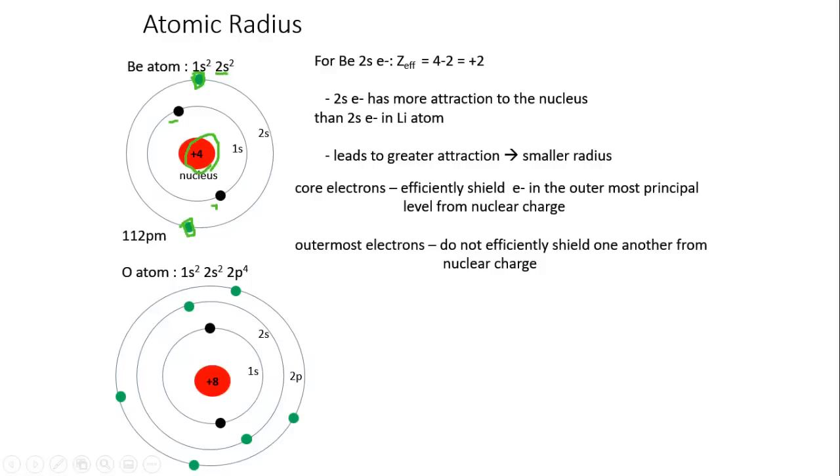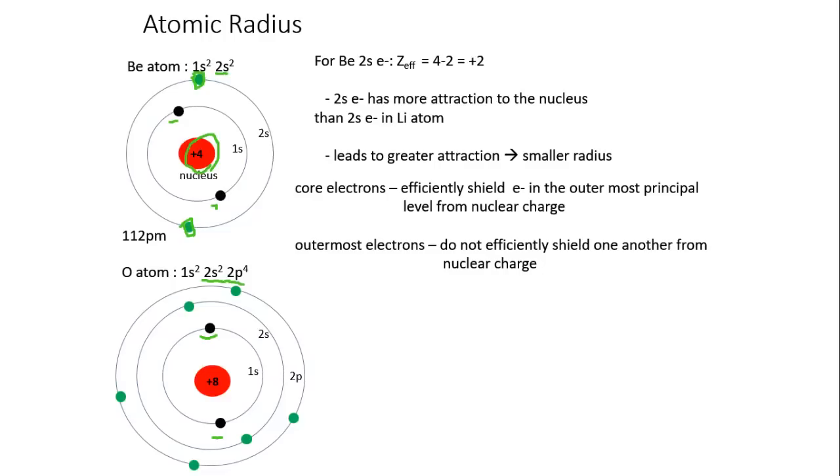Now we go to oxygen, and oxygen still has two inner electrons, but now we have 6 outer electrons. It's like having a pop star with only 2 bodyguards, and you have 6 people trying to get to the pop star. The fewer bodyguards you have, the easier it is for those fans to get to the pop star.